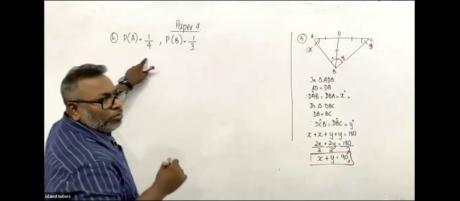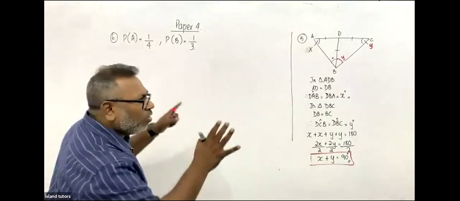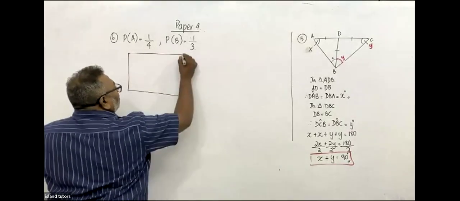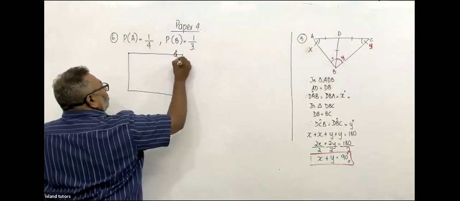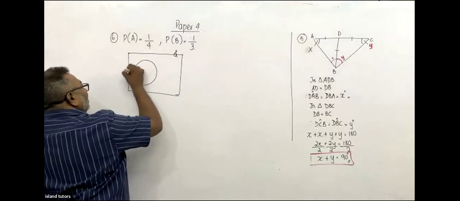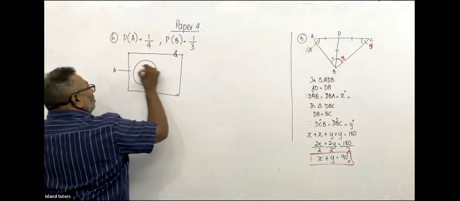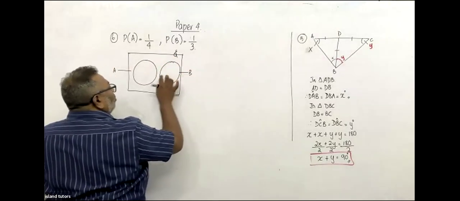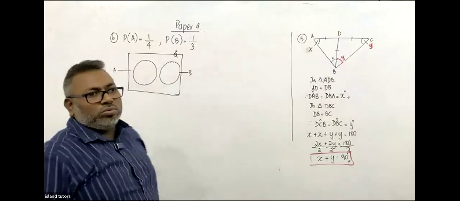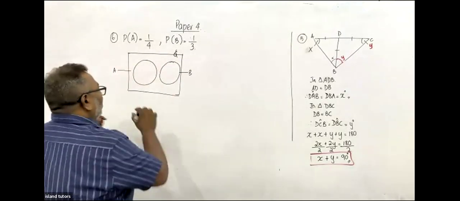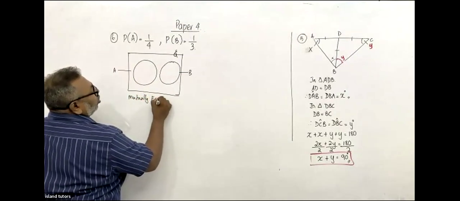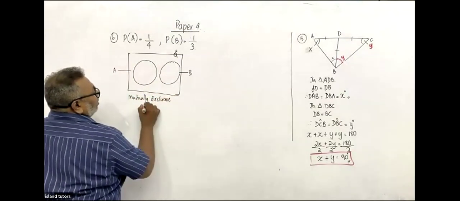So how does a mutually exclusive event look in a set? You have event A and event B that are not going to overlap. This is called a mutually exclusive event.